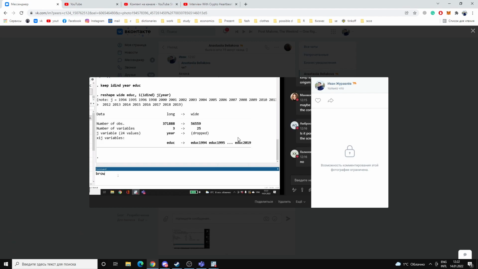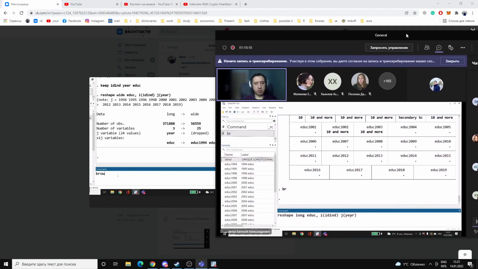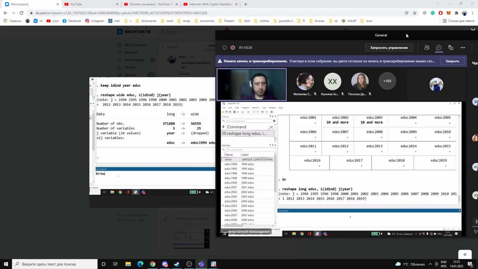Well, if you have such data, you cannot analyze it as panel data. You should transform it to long form. To transform it to long form, you should use reshape long education, and the options must be the same. Look.